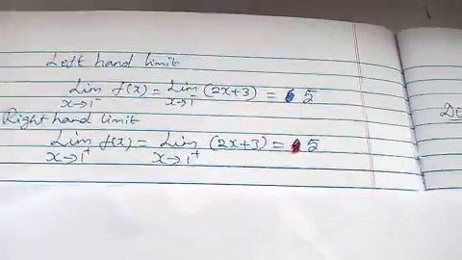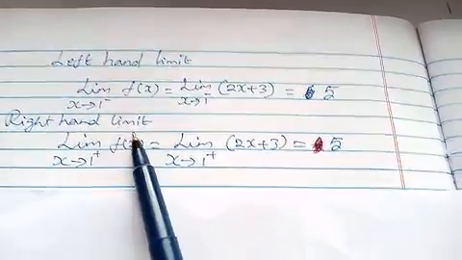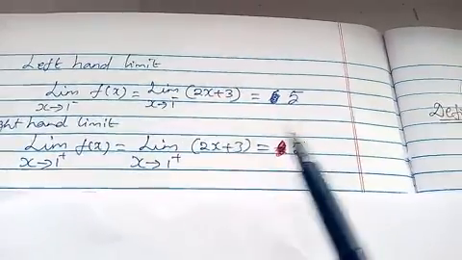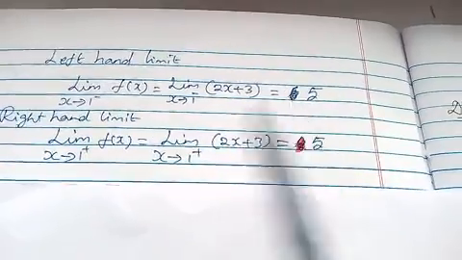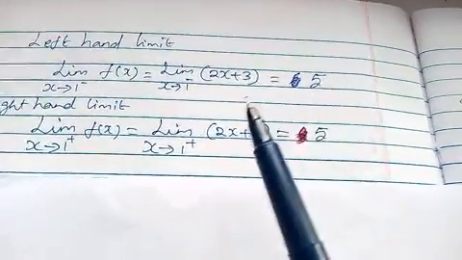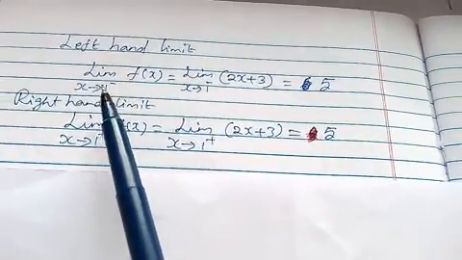When we are looking at limits, we have to see the left hand limit and the right hand limit. When x is equal to a particular point, if x is less than or greater than, we can apply directly. If it is equal, then we have to use this. We already studied this in grade 11.